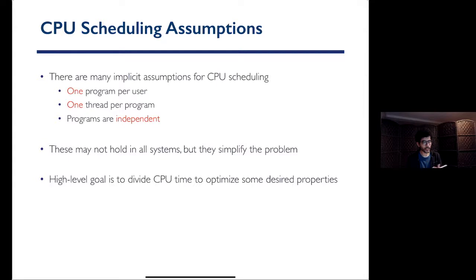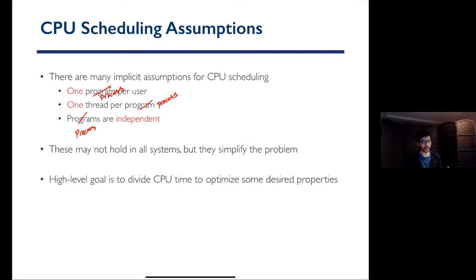So for now, we're going to assume that we have one program per user. So let's say, instead of program, I should have used process. So one process per user, one thread per process. So this is what we're going to assume, and we're going to assume processes are independent. These are not usually the case in all systems, right? So in many systems, users have multiple processes running.